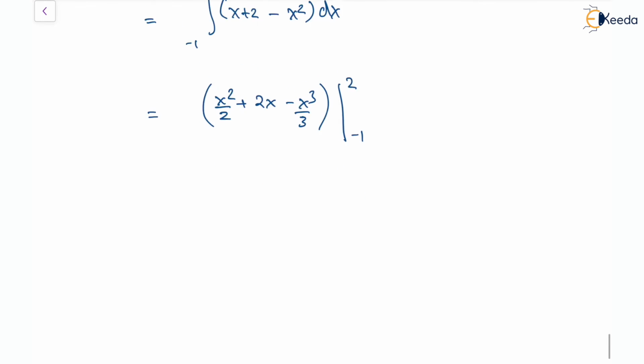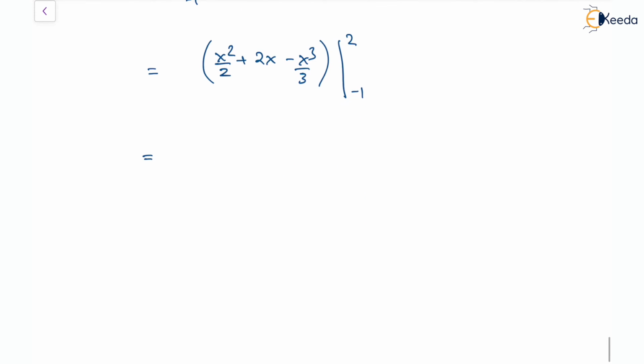and 2. So for 2, this is going to be 2 square, which is 4, 4 by 2, which is 2, 2 times of 2, which is 4, minus 2 cube, so minus 8 by 3, minus 1 square will be 1 by 2, and minus 2 and minus cube will be minus, and minus plus, so plus 1 by 3, like that.